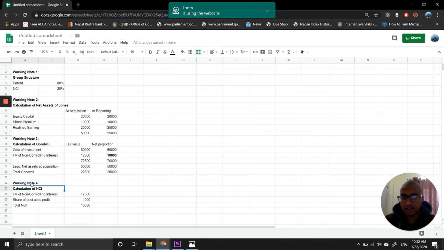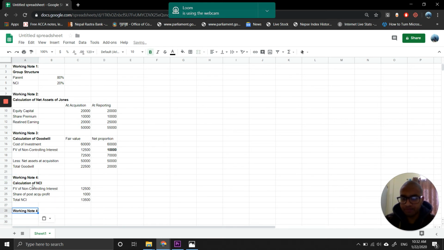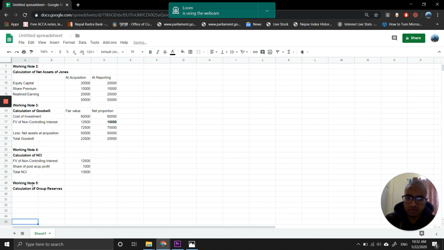And then after that, our working note 5 would be group reserves. I'm just copying everything down because otherwise I have to merge cells individually, so it just saves time.